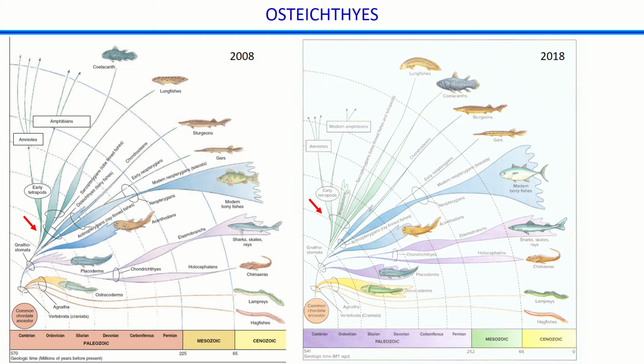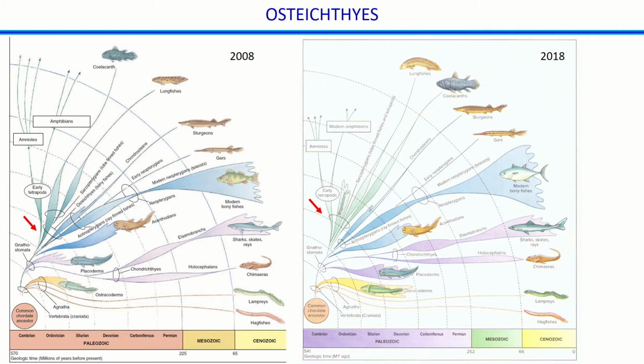There's no bones. So we don't know much about them. Chimaeras were a lot more popular and successful, and now they're not anymore, with only a few species. Sharks and rays have become very successful.